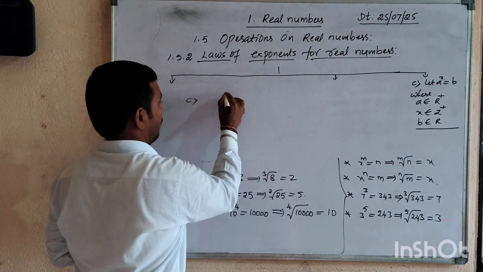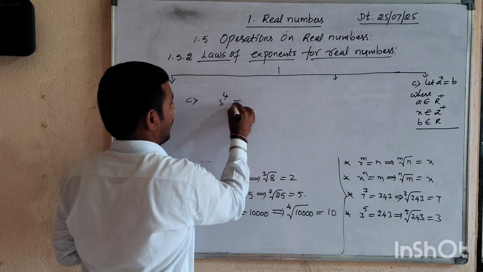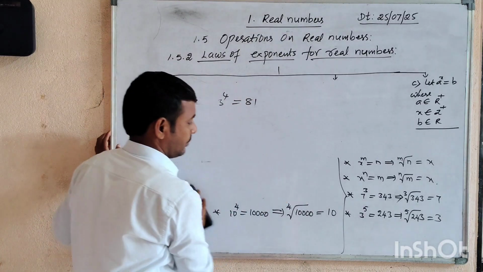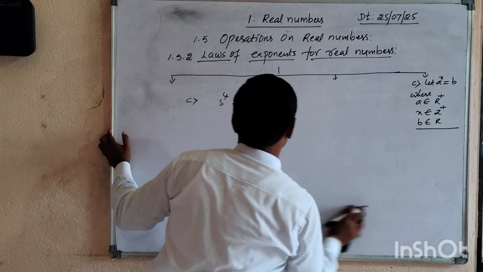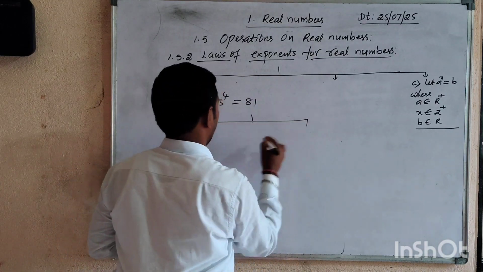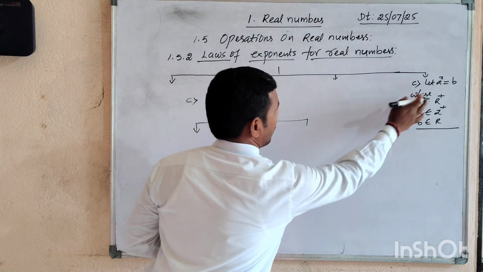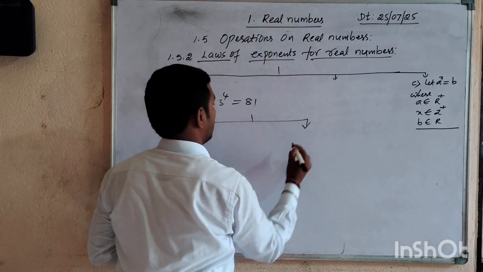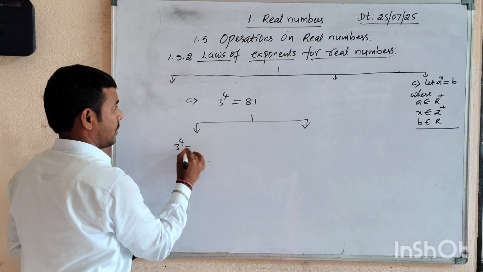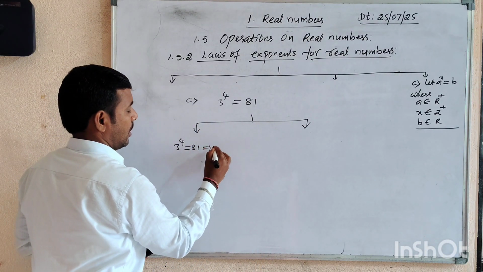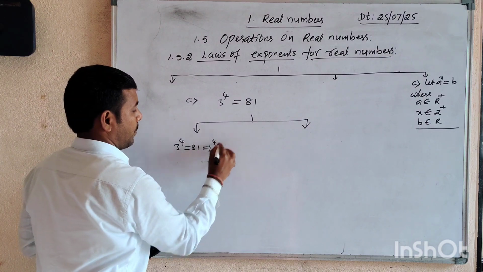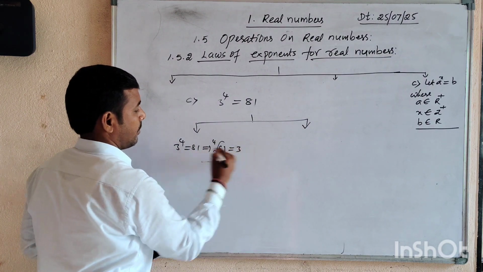Suppose 3 to the power of 4 is equal to 81. What is the answer? If you know this formula, this logic, you can answer in this way. 3 to the power of 4 is equal to 81, then fourth root of 81, answer 3.